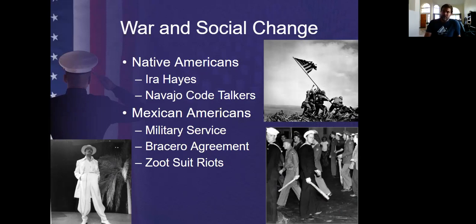So when the Marines landed on these beaches, there was not much cover, and thousands and thousands lost their lives. And Ira Hayes, who is a Native American, is one of the people in that picture. He's actually there, part of that raising of the flag.